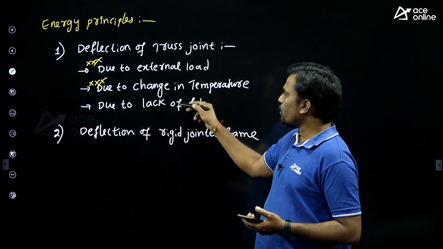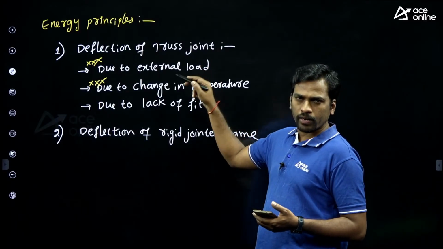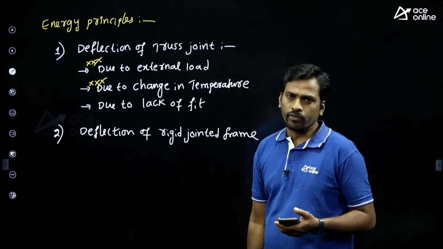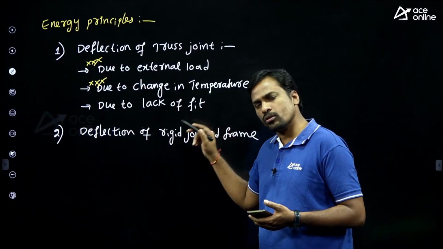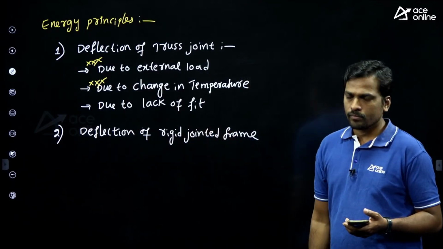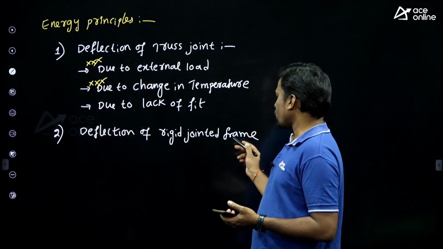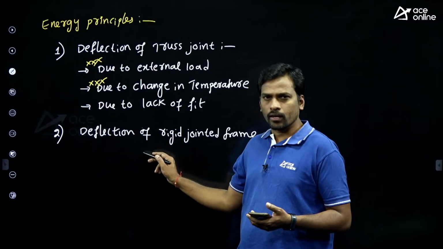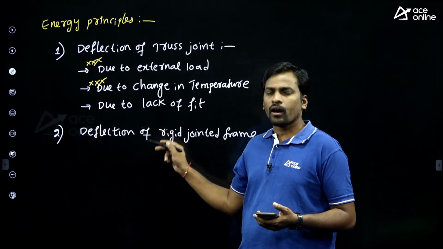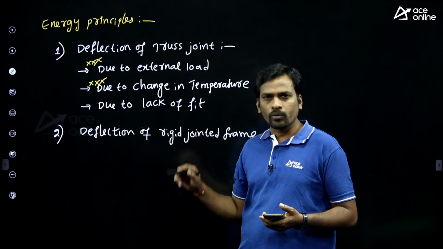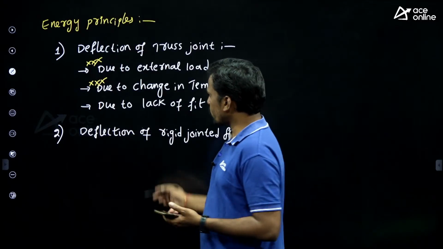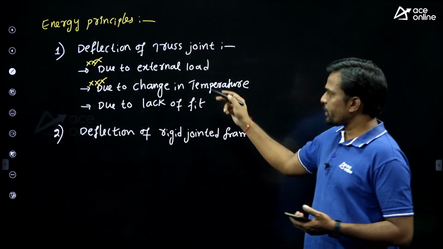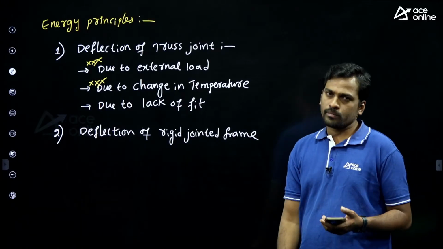In this, due to external load, find the vertical or horizontal deflection, due to change in temperature and due to lack of fit. And for the deflection of rigid jointed frame, just concentrate on how to find the vertical deflection, horizontal deflection and rotation also. So these are the important topics in the energy principle chapter.